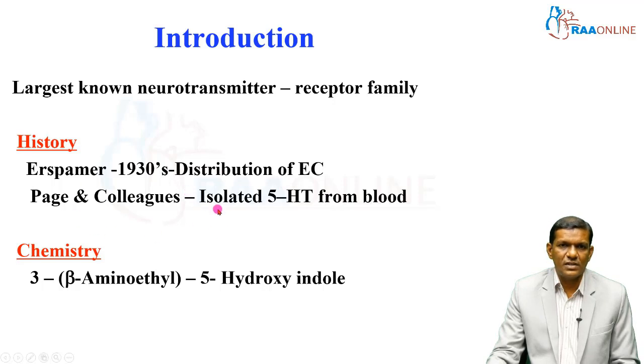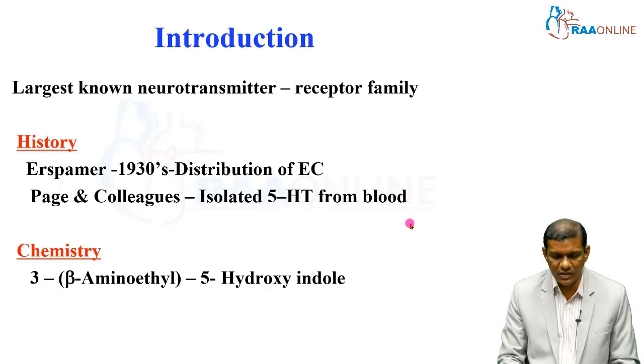And Page and colleagues isolated serotonin from the blood. In chemistry, it is 3-beta-aminoethyl 5-hydroxy-indole, so it is basically an indole derivative. And one important significance here is, in case of carcinoid tumor, the metabolite 5-hydroxy-indole acetic acid, which is excreted in the urine, will be high. So that is one clinical importance.